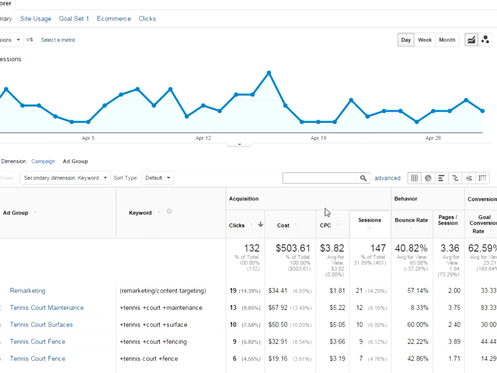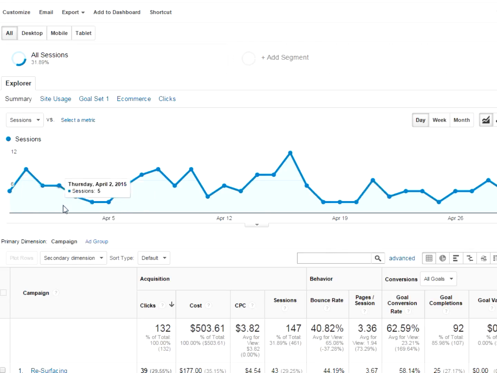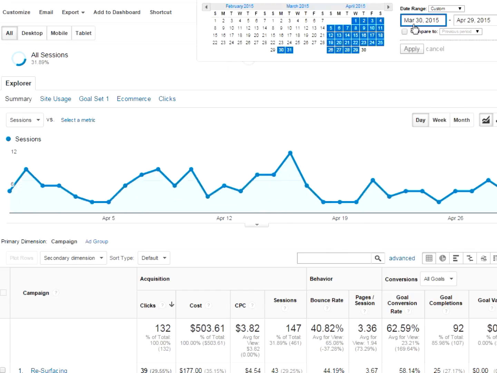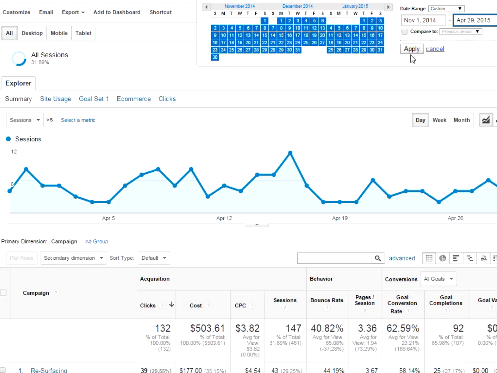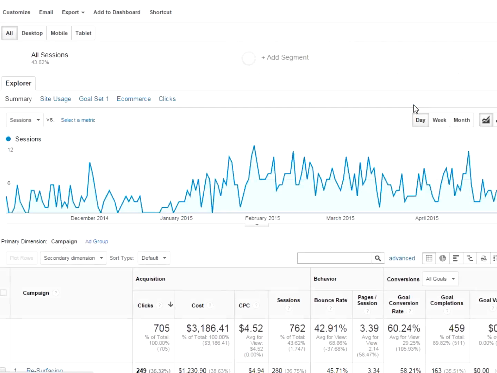You may want to look at the graph to get an understanding as to how we're trending over time. So if we set a longer term view, we can look at what's happened to sessions over time. We might want to look at overall total goal completions.